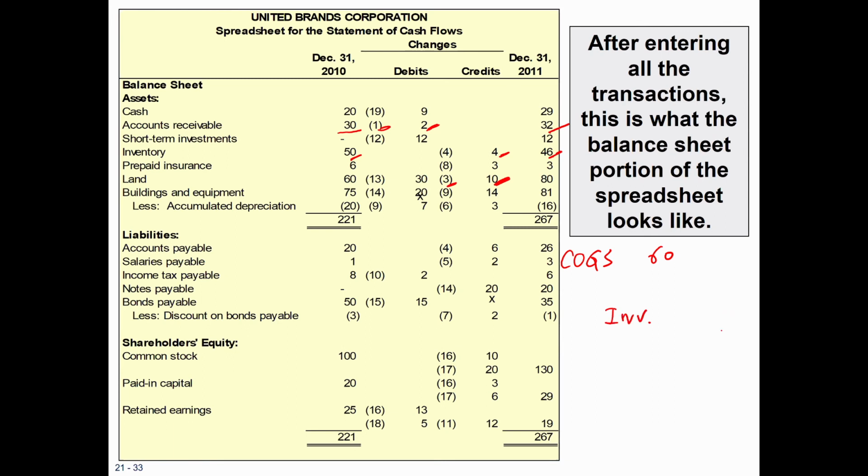Because inventory decreased by 4, you credit by 4. And then another item related, this is item number 4, accounts payable, right? Which was 20, now becomes 26. Liability increased by 6, we go credit, right? So we credit accounts payable for 6. So that's clear.